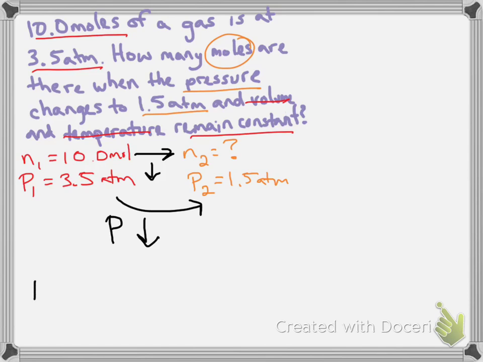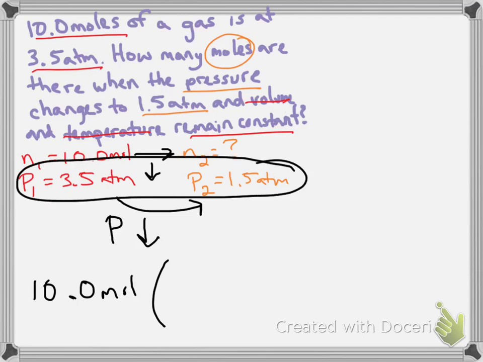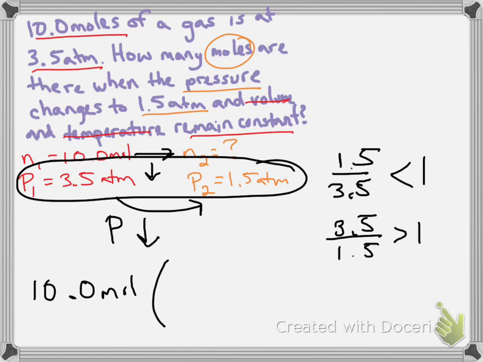So I'm going to start with our 10 moles. And now I'm going to figure out a way to put my pressures in a fraction that will allow me to calculate a lower number of moles. So in this case, 1.5 over 3.5, well, 1.5 is less than 3.5, so this is going to be less than 1, whereas 3.5 divided by 1.5, 3.5 is bigger than 1.5, so that'll be greater than 1.